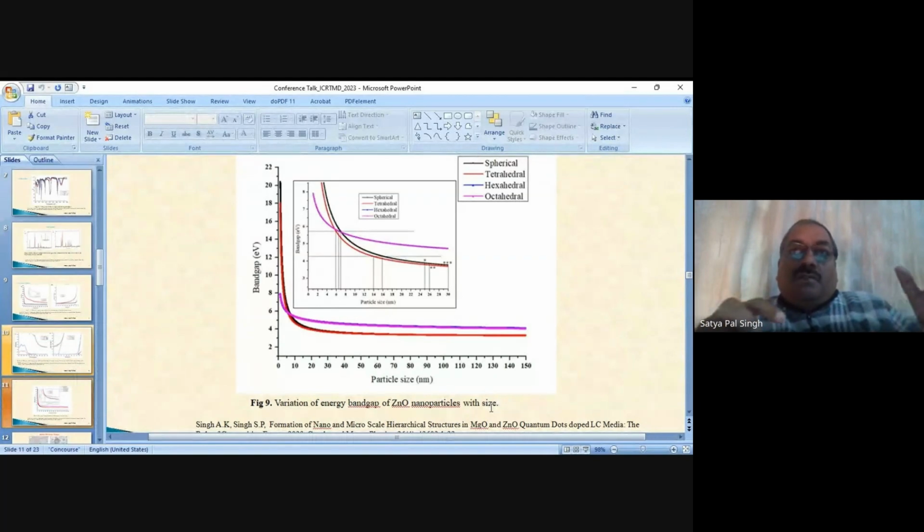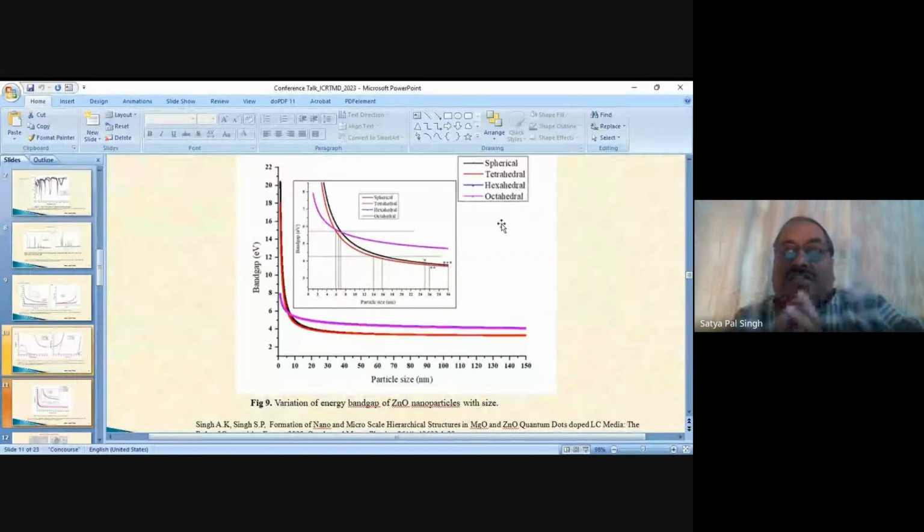Shape and size are the important features which decide the band gap. So we can predict. You know the energy band gap in case of bulk material, you know the energy band gap of different size particles, then you can predict in between: if the size is this, what will be the band gap. We confirm. And for different shapes, you have spherical, tetrahedral, hexahedral, and octahedral. Different kinds of clusters can be formed.